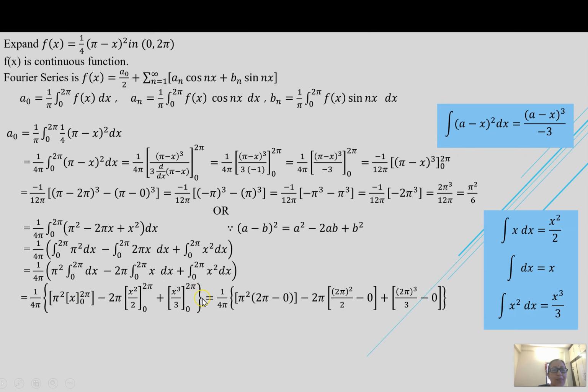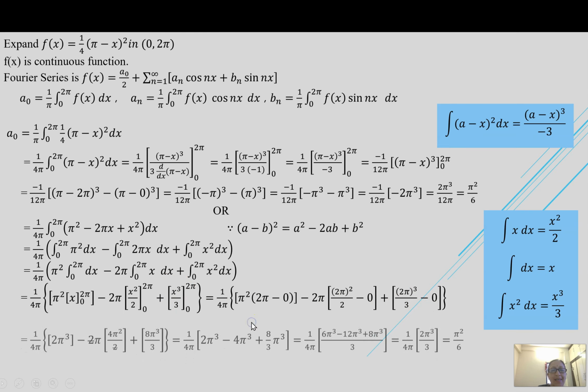Now for each and every bracket, you have to apply the upper limit as well as the lower limit. That means 1 by 4 pi, here pi square into, put x equal to 2 pi first. So here 2 pi minus, put x equal to 0. So in this first square bracket, you get pi square into (2 pi minus 0). Minus 2 pi into the second square bracket gives (2 pi) whole square by 2 minus 0. Plus this third square bracket gives (2 pi) whole cube by 3 minus 0.